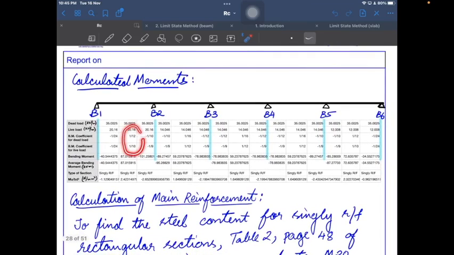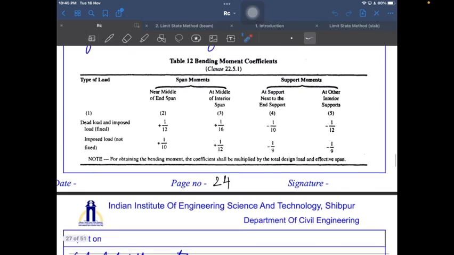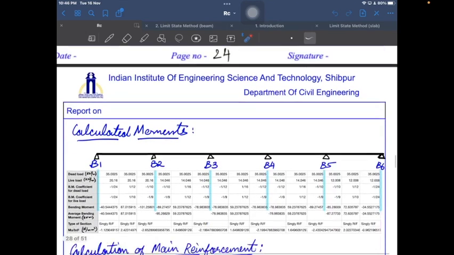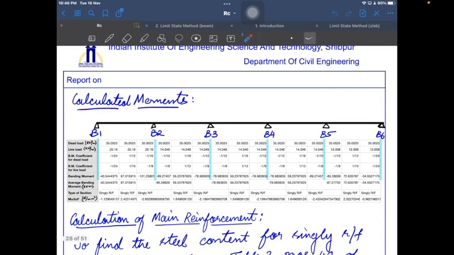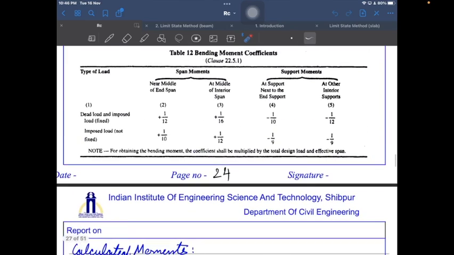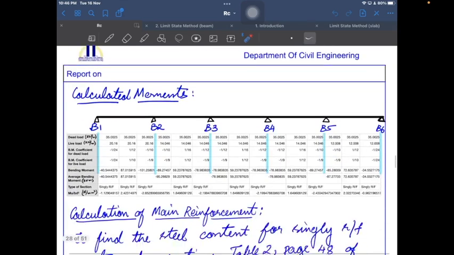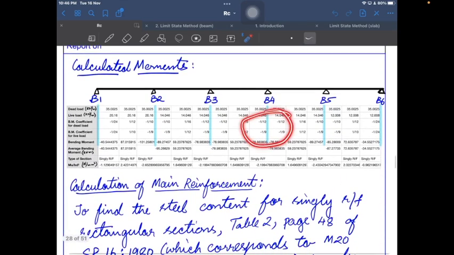This is my end span, so for the middle of the end span, I have used this. Next, the support next to the end support, this one and this one. This is my end support. And at other supports, this one here.